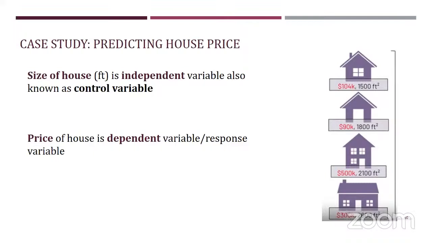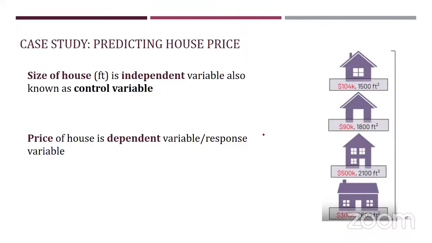So in the price prediction, I first need to figure out what is going to be the dependent variable and what is going to be the independent variable. The price is going to depend upon, suppose I take just one feature, the size of the house. If the size of my house is this, then the price is going to be this.